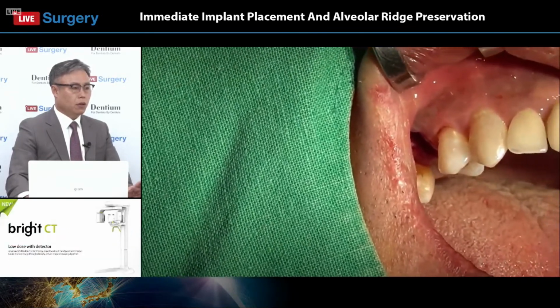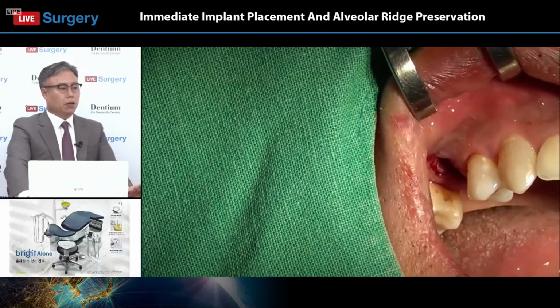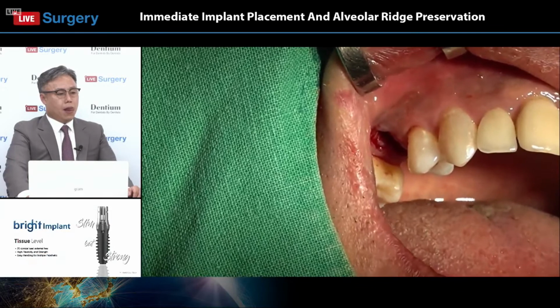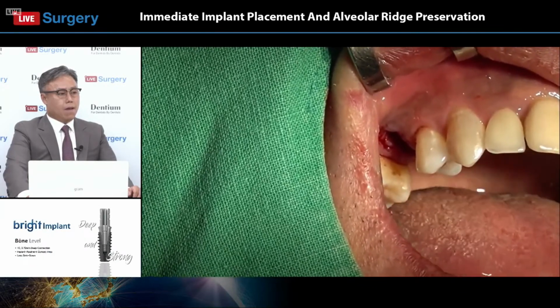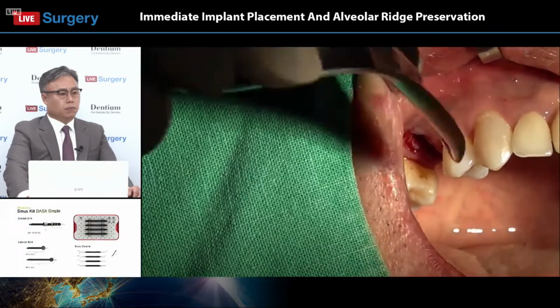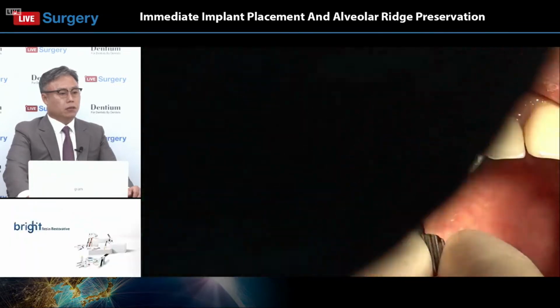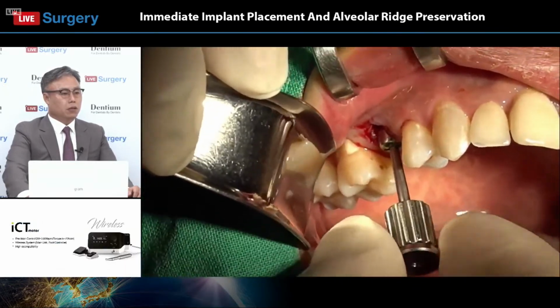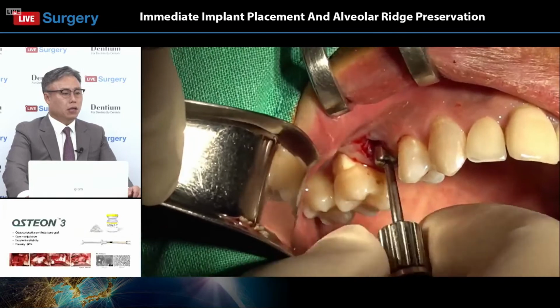Probably he will connect the healing abutment. Yes, he got pretty good initial stability and is connecting the healing abutment.